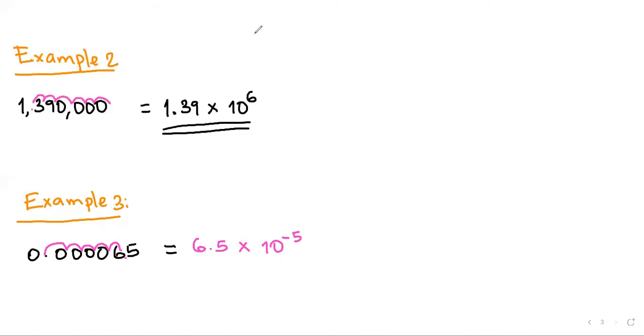So let's have another example. Let's call it example number 4. Okay. So now let's have 0.000008. Okay. Now we say that this is equal to, let's move the point 1, 2, 3, 4, 5, 6.